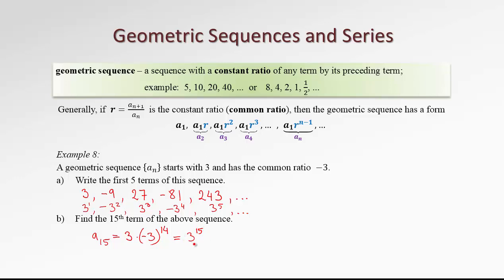We could leave it this way because it's a pretty large number, or if we wonder how much is that, we could use a calculator. 3 to the 15 is 14,348,907. Very unpleasant big number, so it's probably better to keep it in a power form like this.